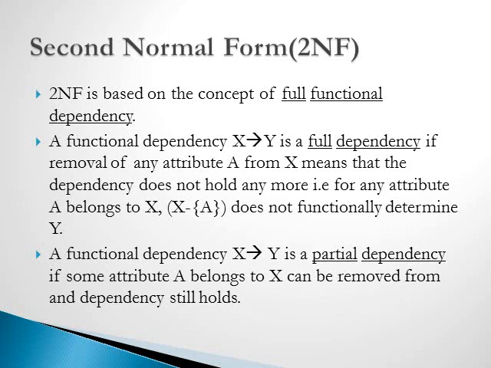2NF, second normal form. Second normal form is based on the concept of full functional dependency. Full functional dependency means, suppose we have a functional dependency X tends to Y. If we remove any attribute from X and the functional dependency does not hold anymore, it is a full dependency. If the functional dependency still holds, it is a partial dependency.